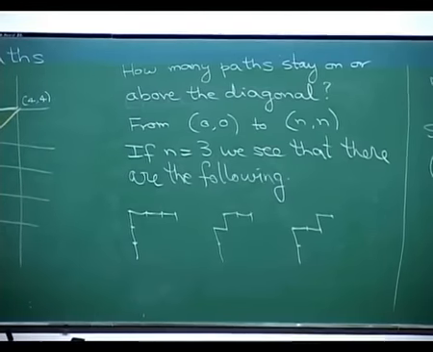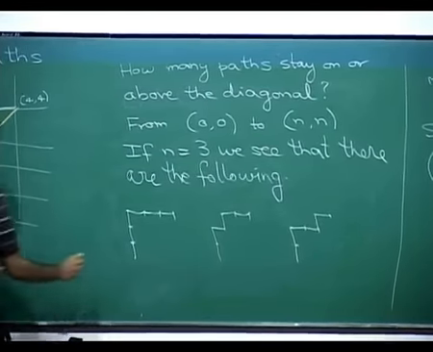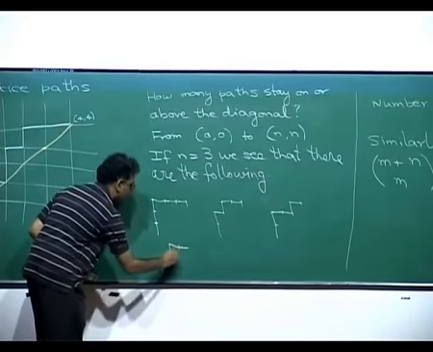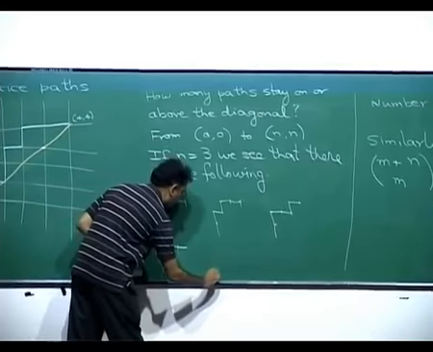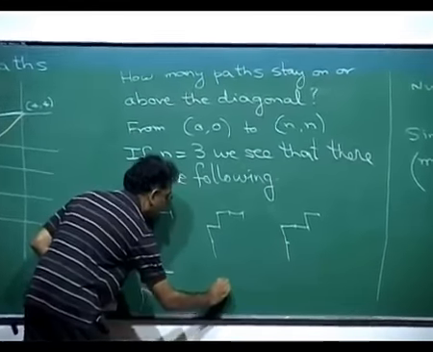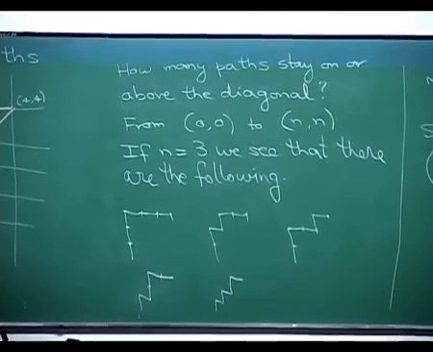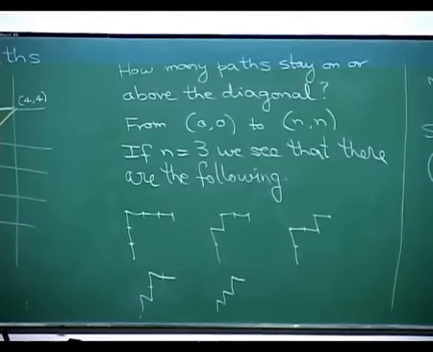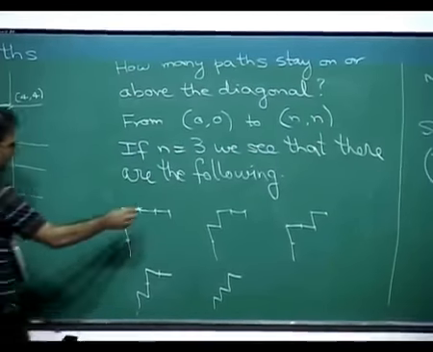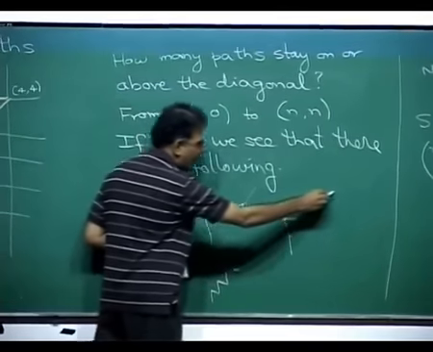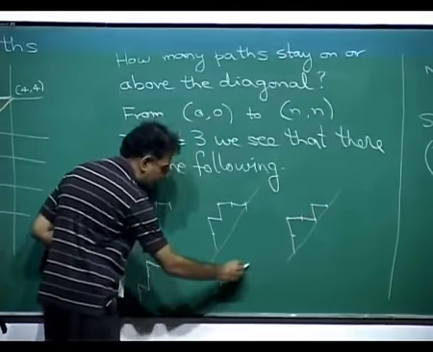So we want to reach this point, so you could go 1, 1, 2, 2, or 1, 1, 1, 1, 1, 1. And that's all. You can try. You will only see these are the only 5 ways of going from 0, 0 to 3, 3 along a path which lies completely above the diagonal.